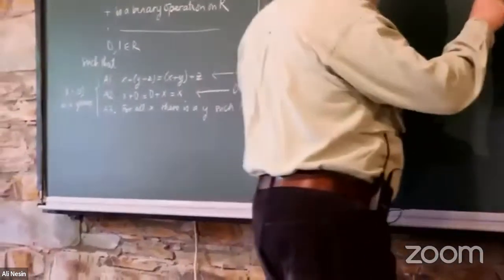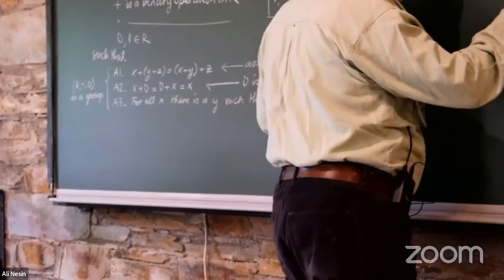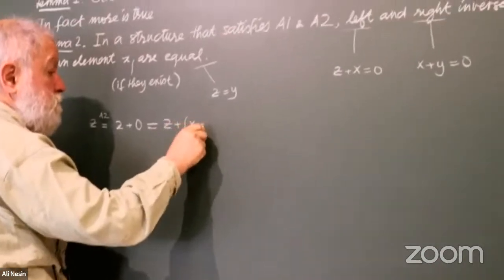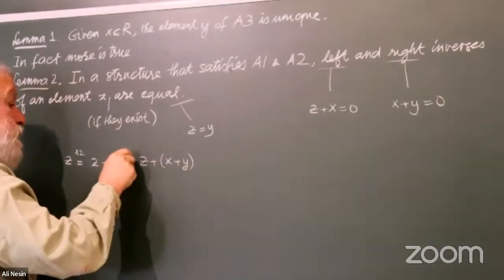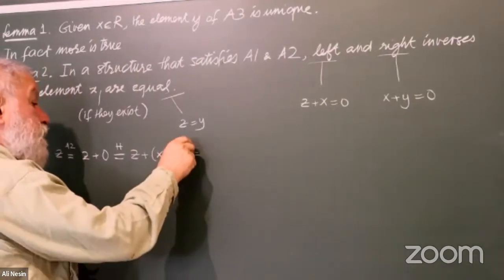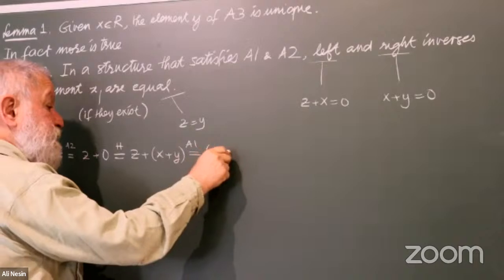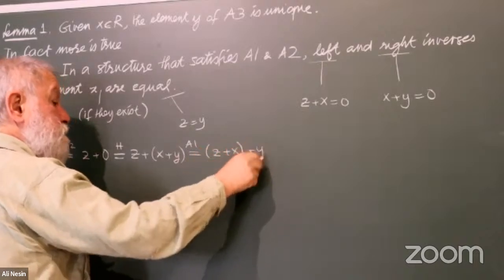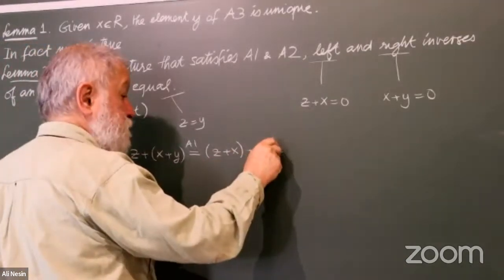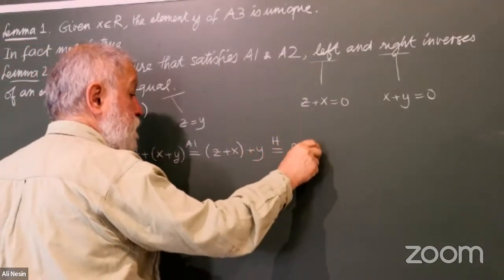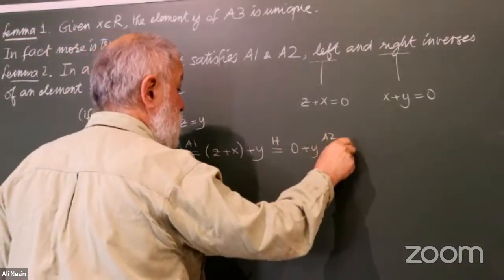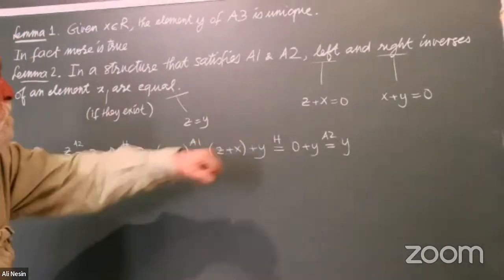And this is equal to Z plus X plus Y, since 0 is X plus Y. This is hypothesis H. And now associativity A1 gives Z plus X plus Y. But Z plus X is 0 by hypothesis, so 0 plus Y. And 0 plus Y is Y by A2. So Z is equal to Y.